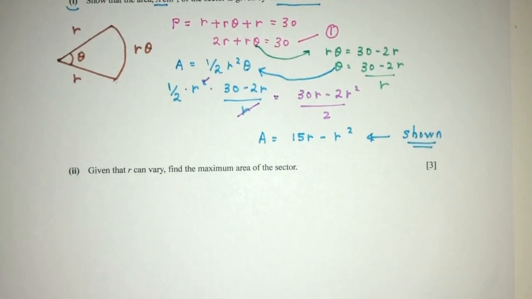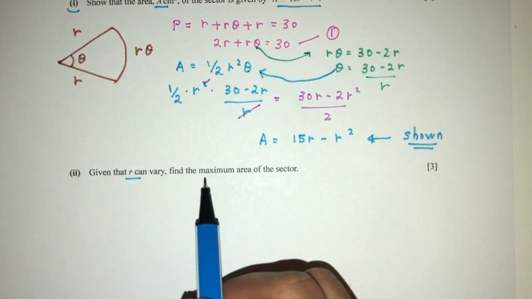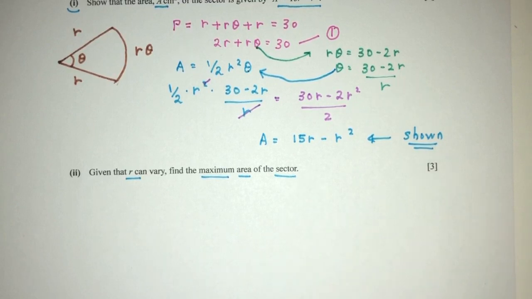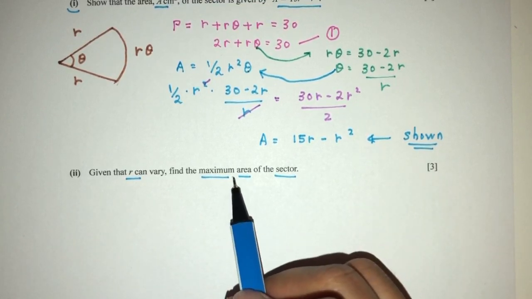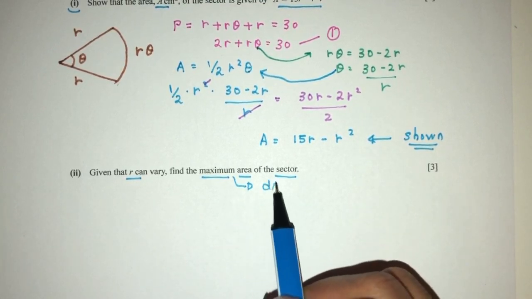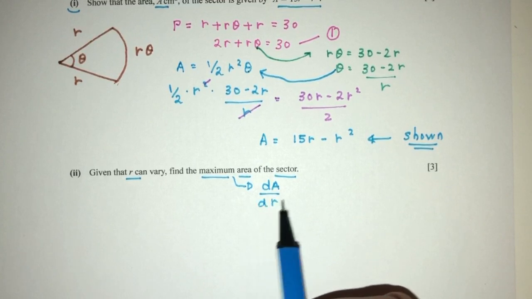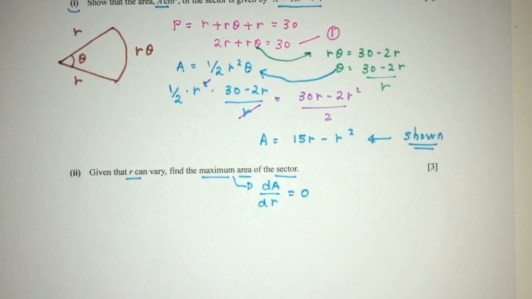Okay, now for part 2, given that r can vary, find the maximum area of the sector. So how would you find the maximum area? That will be happening at dA by dr equal to 0. Whenever you have to find the maximum area, the minimum area, or the max or min value, we have to find the derivative by differentiation.